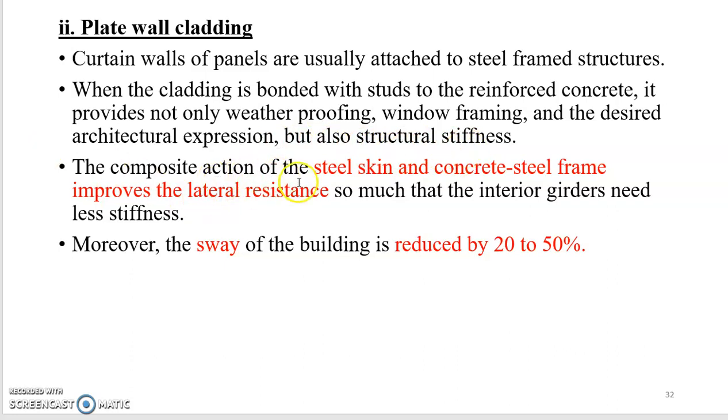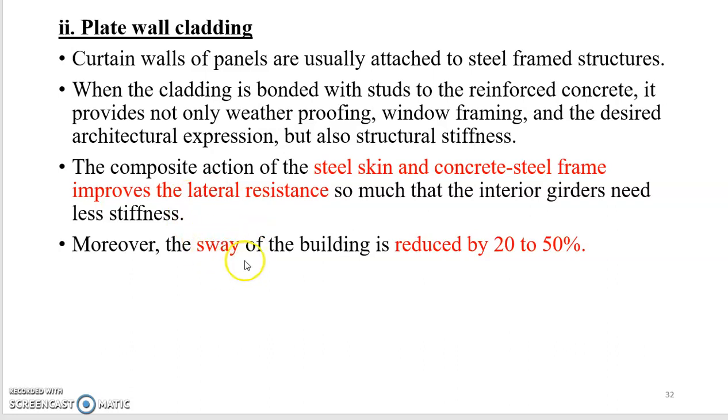The composite action of the steel skin and concrete steel frame improves the lateral resistance so much that the interior girders need less stiffness. The sway of the building constructed by this method can be reduced by 20 to 50%. What I mean by sway is that the building may be deformed to one side, either left or right.